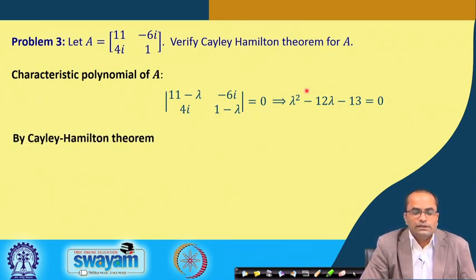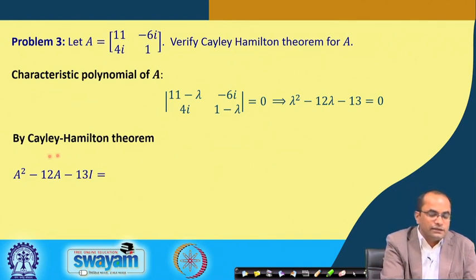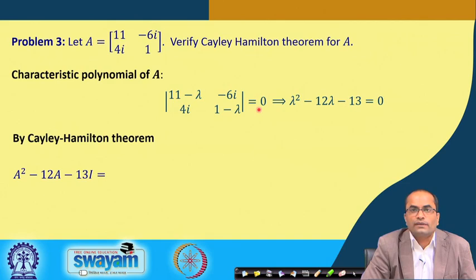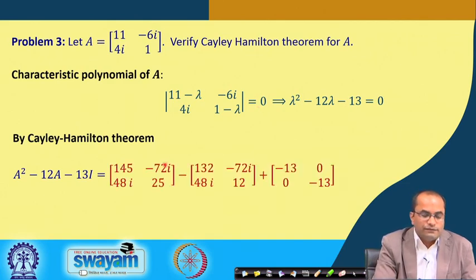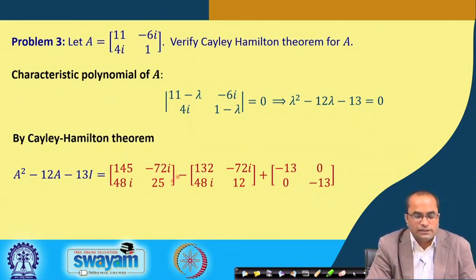And now, the Cayley-Hamilton theorem says that this A square minus 12 A minus 13 I should be just 0. So, this should satisfy the characteristic equation, and if we compute this A square, that is coming to be here. So, the product of this A with the matrix A will be coming this one here, minus this 12 times the A, so 12 is multiplied to each of the entries of the A, and then we have minus 13 I here.